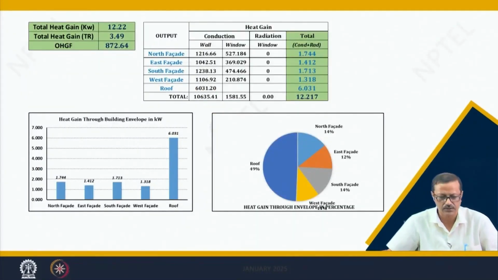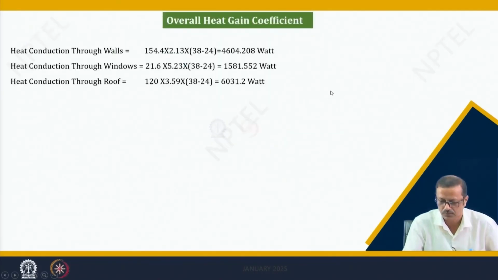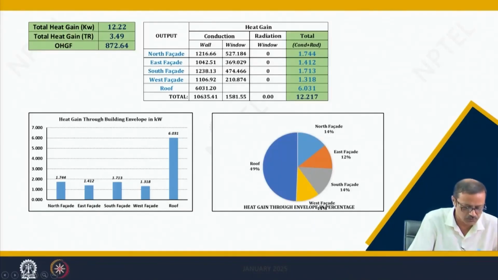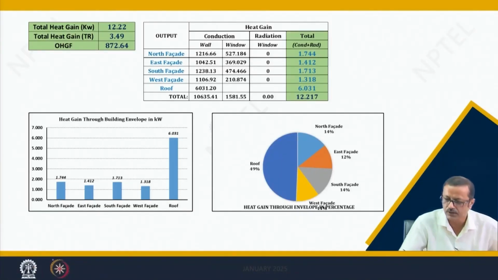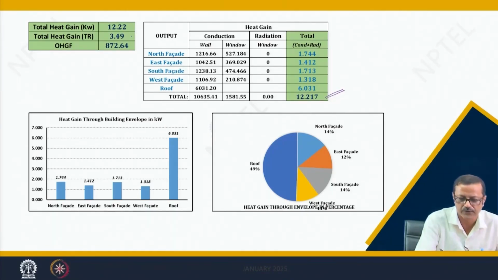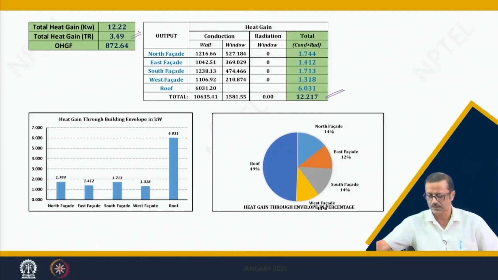Whatever we got, the final value is 12.1 to 12.2, almost, the heat gain through conduction, and 3.5 is the TR. That is what we have shown on this particular chart.